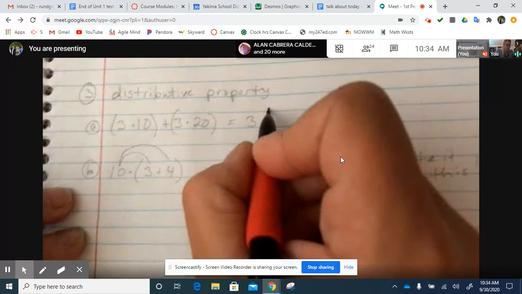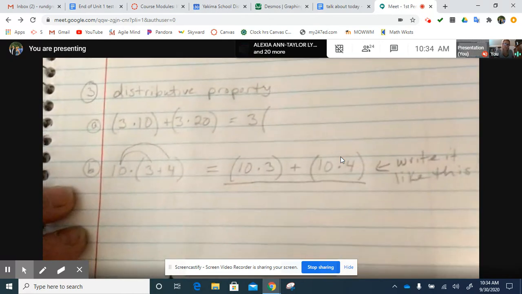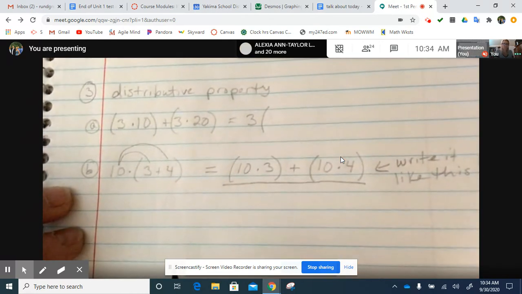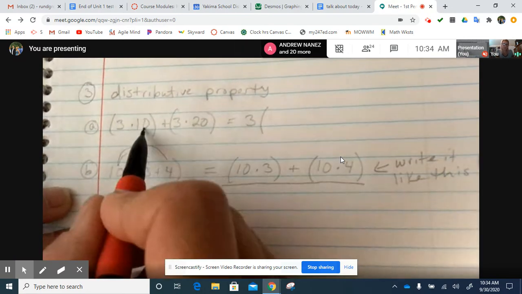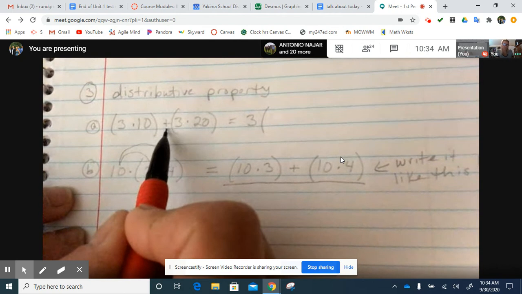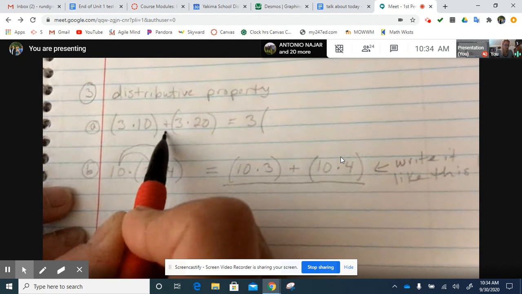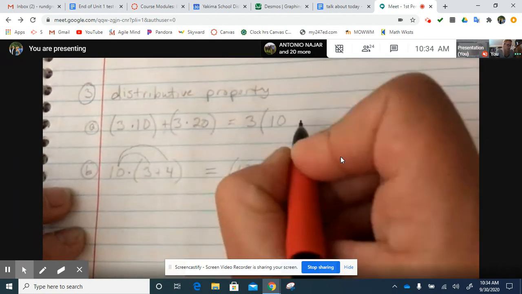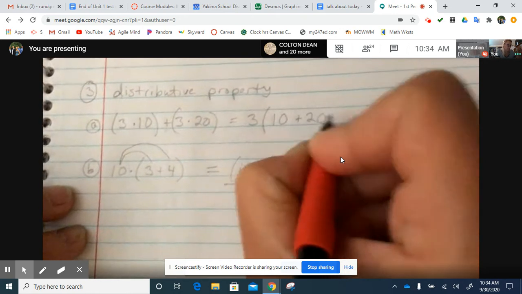Okay, so what's going to be left inside the parentheses? Yep, 10 and 20. And look what's right in between. Plus sign. So this is going to be 10 plus 20.